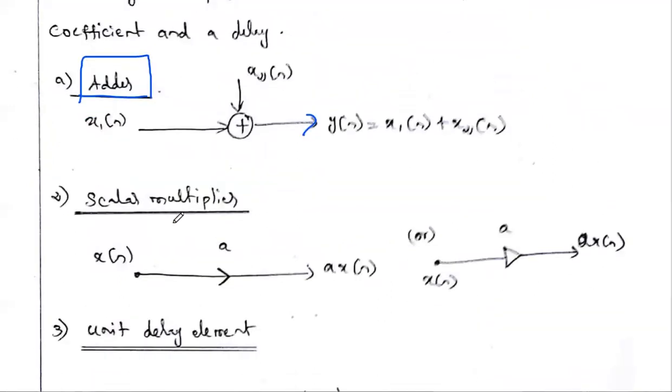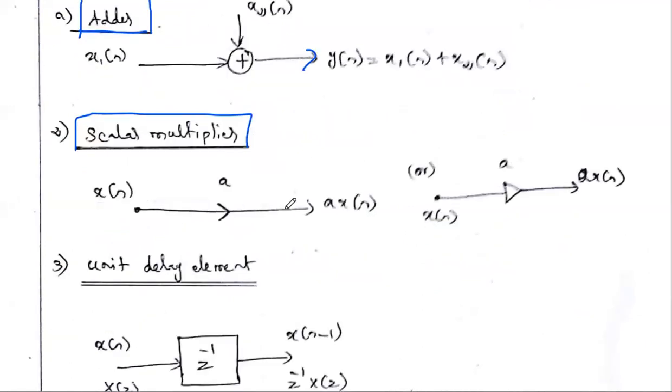The next element is a scalar multiplier, which is also the same as in the continuous time system. It is called a scalar multiplier or simply a multiplier. We draw one line with an arrow, and above the arrow we write the gain or scalar value.